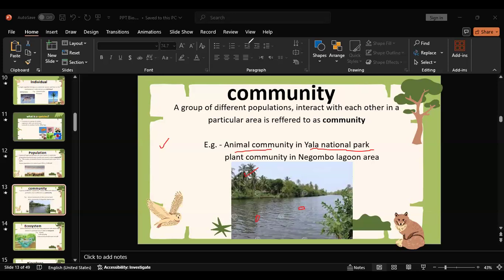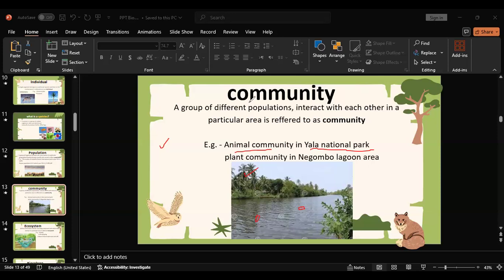Someone has asked what interaction is. Interaction means there is a connection between two populations, some giving or taking.